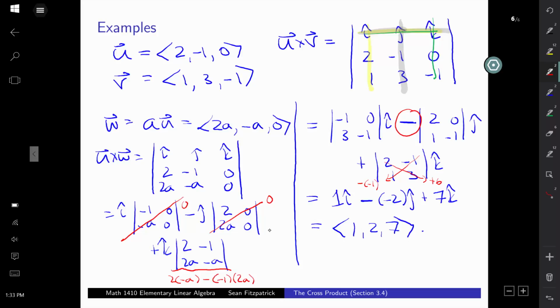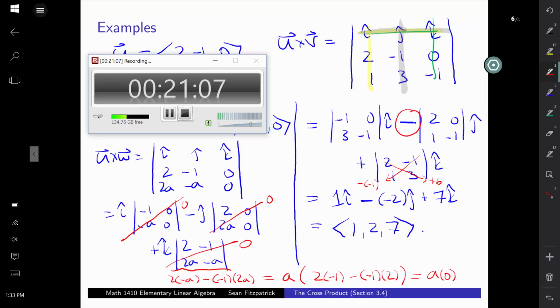You can take that a and factor it out, and then what are you left with? You're left with 2 times minus 1 subtract minus 1 times 2. Well, that's always going to give you 0, right? This is a times 0, so you get 0. So that one is 0 as well, and so you get the 0 vector, and this is something that happens in general. Okay, so we'll look more at properties when we get to the next video.